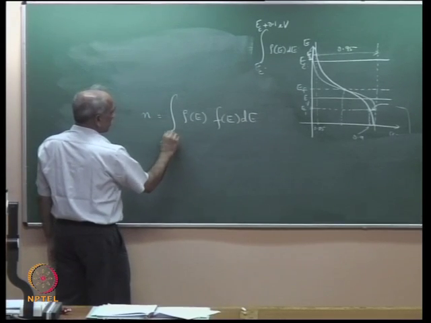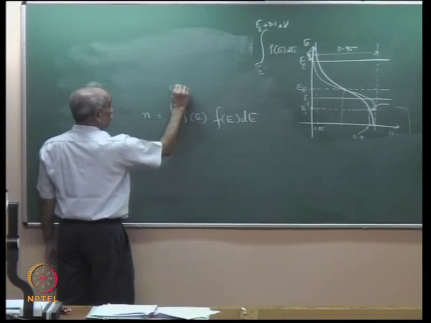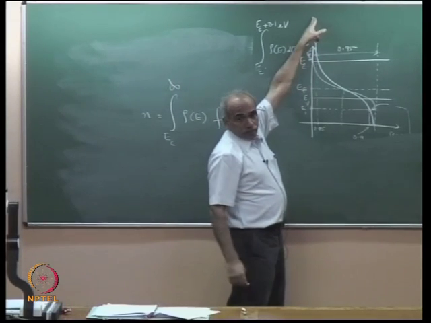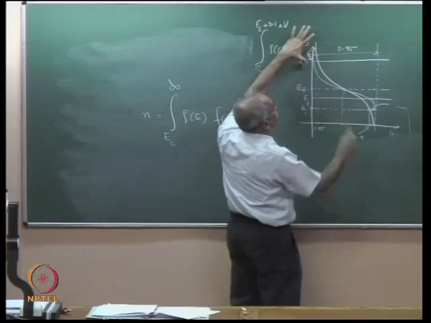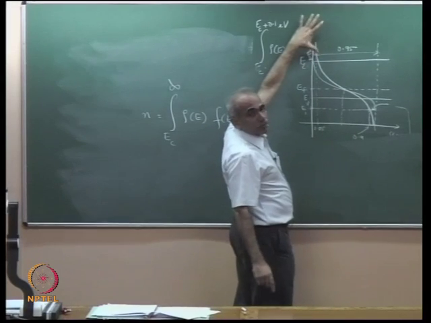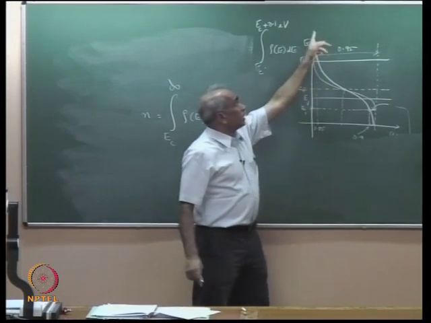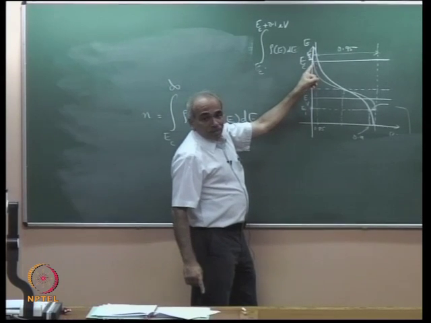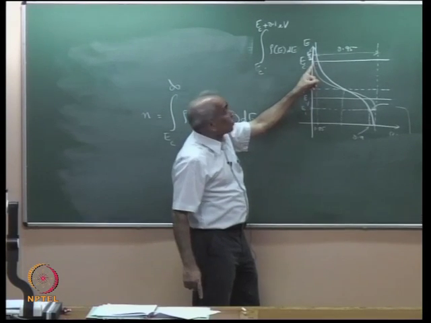So this is EC to infinity. Actually it is EC to some value of the band, but I am writing it up to infinity because, as I mentioned to you, the numbers here are extremely small.